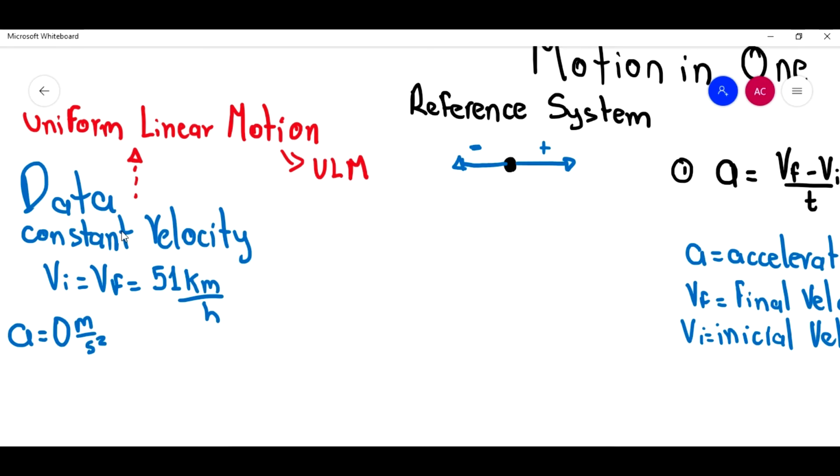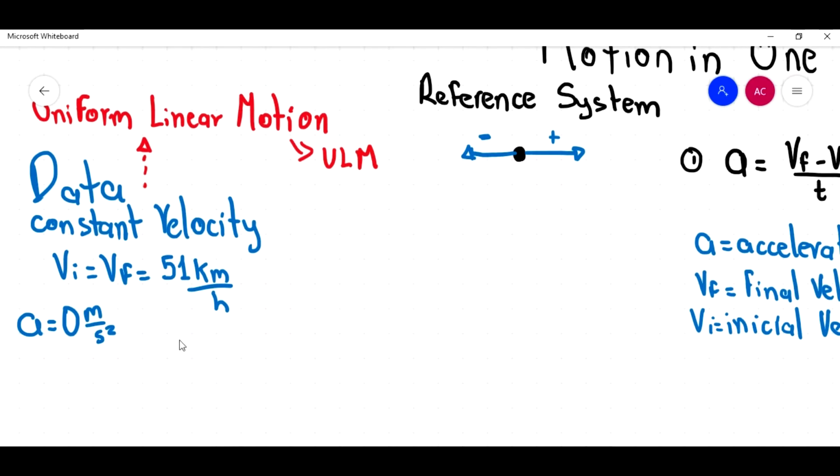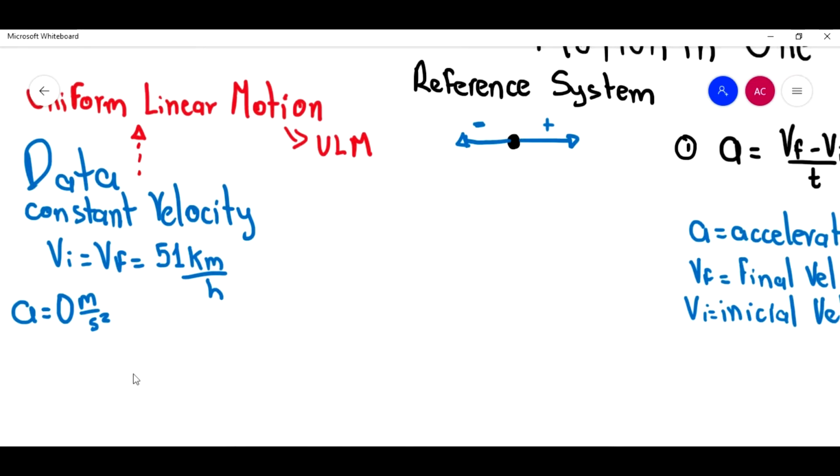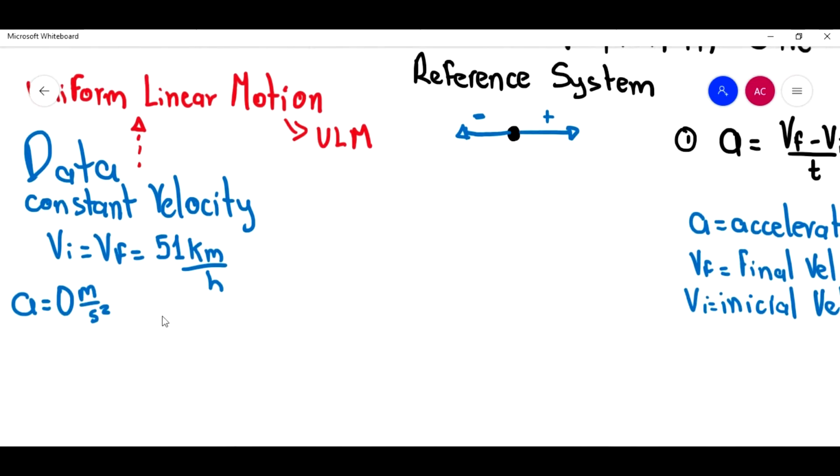Because I don't know if you know the definition of acceleration. The acceleration is the change in velocity. So in this case, there will be no change in the velocity. The velocity is going to remain exactly the same. So that's why the acceleration is 0 meters per second squared.